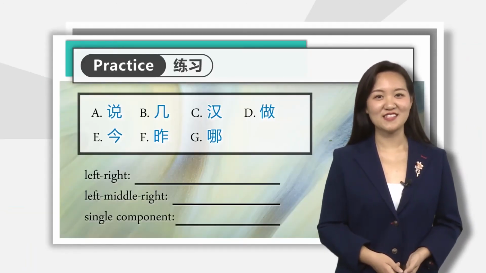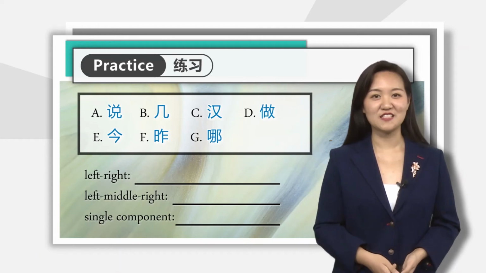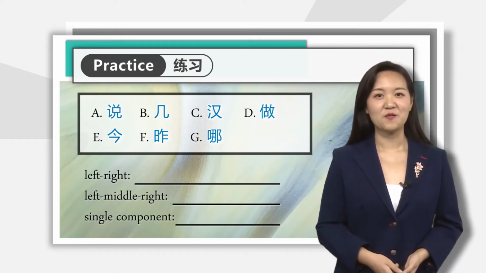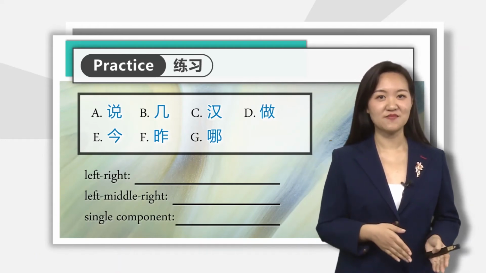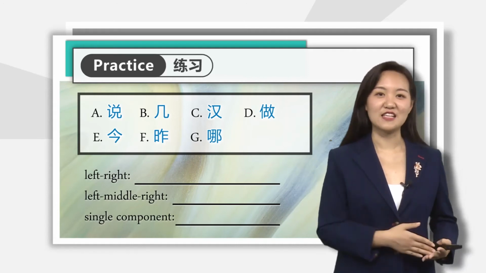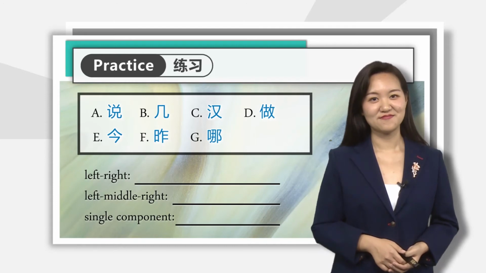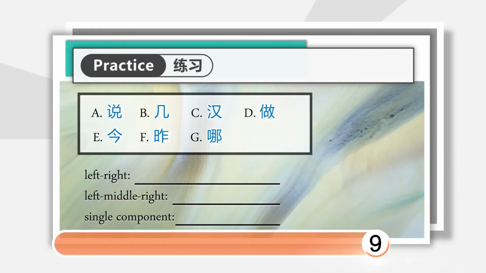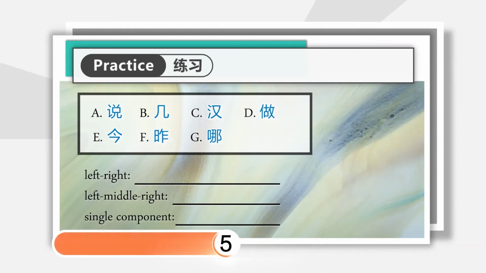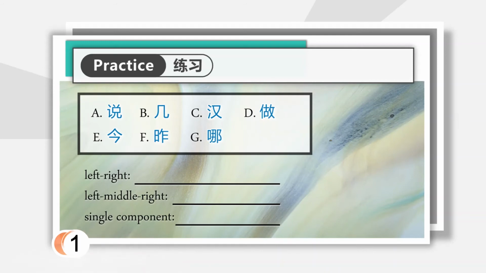Now let's do some practice. Look at the characters and group them with left-right structure, left-middle-right structure, and single component structure. Let's check out the answers together. Left-right structure.